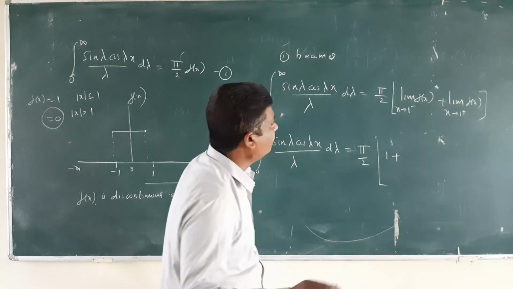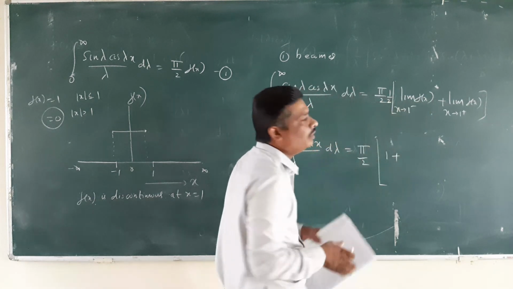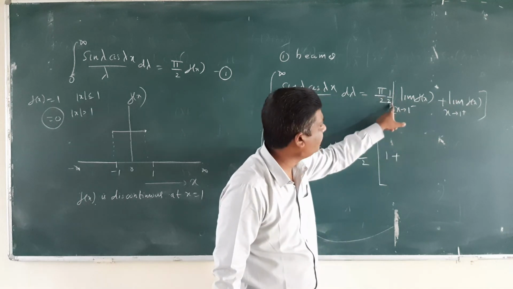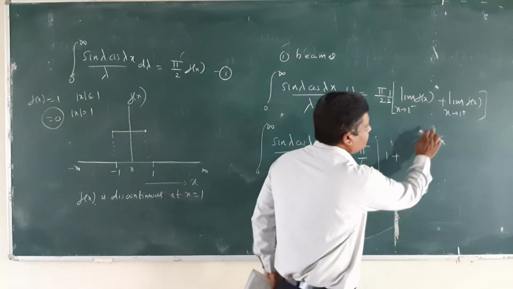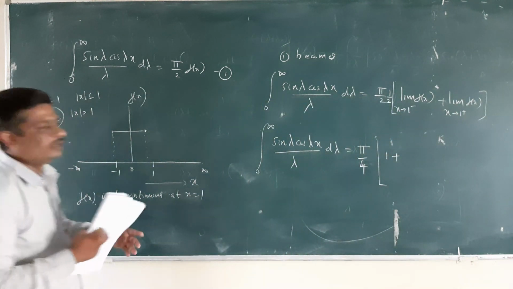so here I have to mention one more thing. The formula is like this. This is 1 upon 2. The formula is the mean of left hand and right hand limit. For that I have to write here 1 upon 2. So here also this becomes pi by 4 into 1 plus, that is the right hand limit. Between this range the function value is 0.